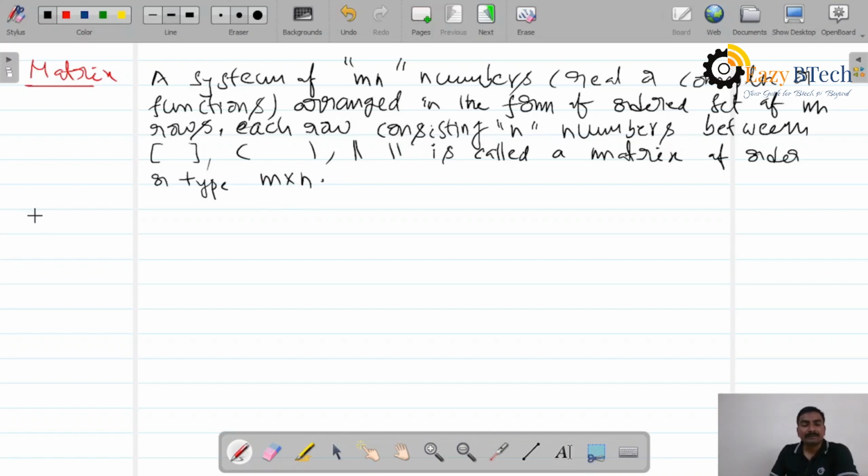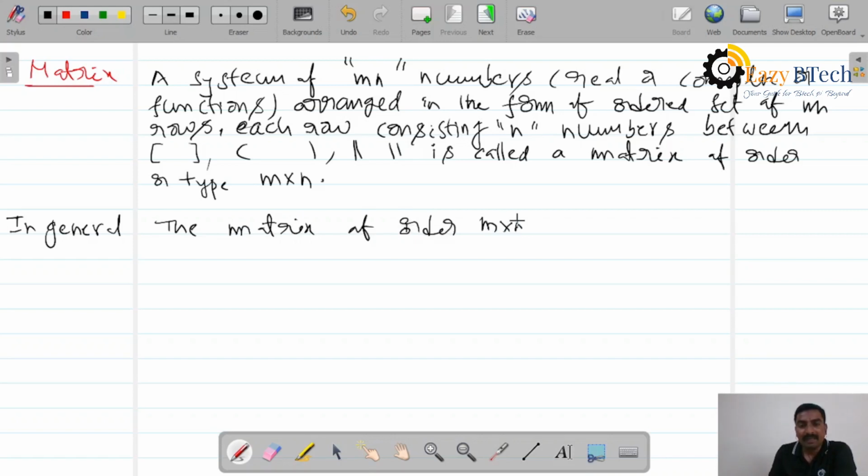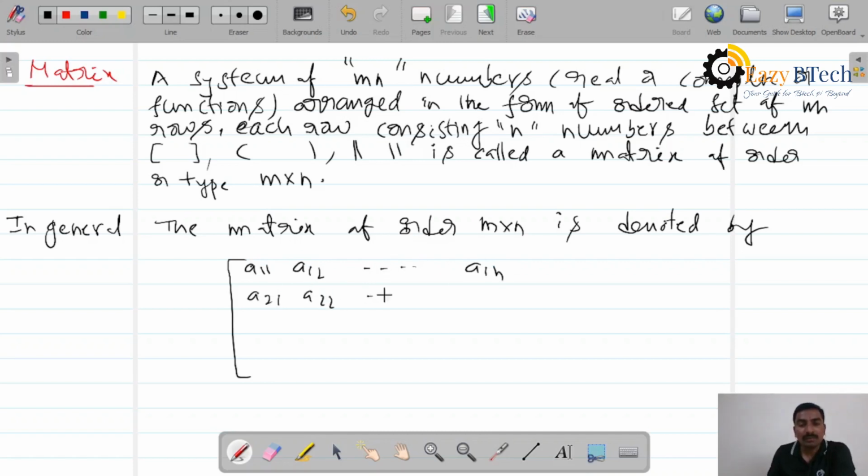In general, the matrix of order m by n is denoted by A11, A12 up to A1n, A21, A22 up to A2n, A31, A32, similarly A3n, AM1, AM2 and so on to AMN.